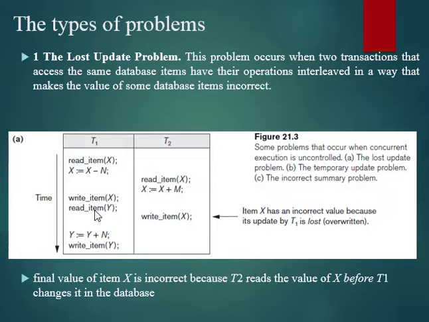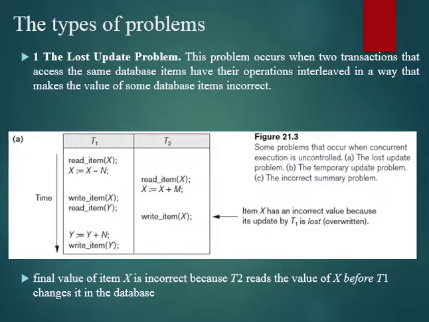Then after doing read item y, the system switches back to T2, and T2, currently holding 80 inside x, does write item x, which overwrites the value written by T1, and now the value of x is written as 80 into the database.